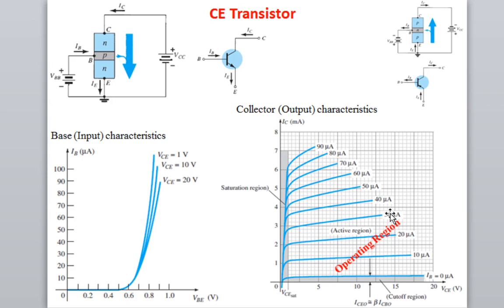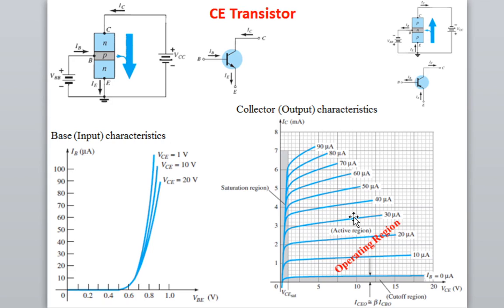Whenever we want to use a transistor for amplification, we want our transistor to work within the active region, or operating region.